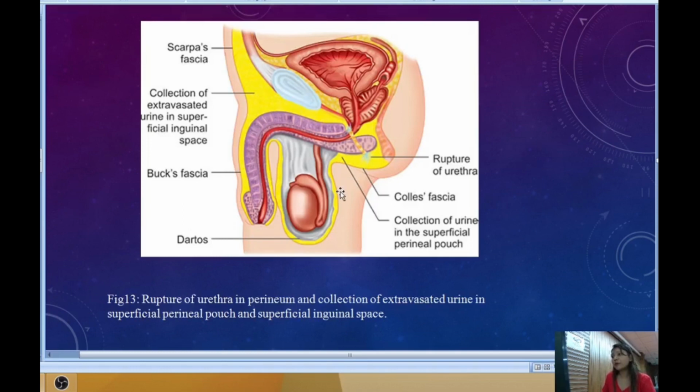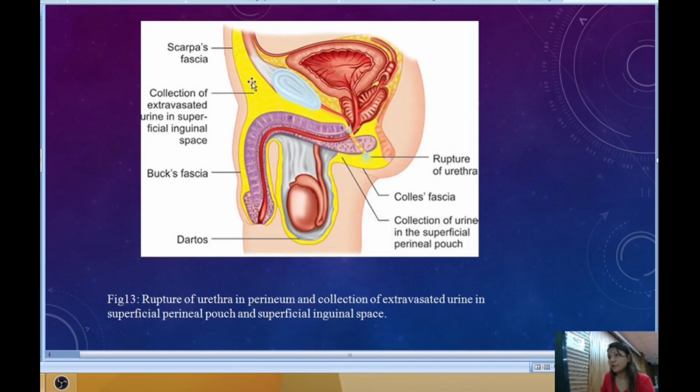Now, why am I talking about Holden's line again and again? Because see, this lining is the Colles fascia, and here we have the urethra. And there is an attachment of Scarpa's fascia with the fascia lata, that is the Holden's line. So if there is any injury or rupture in the urethra, the urine will extravasate.